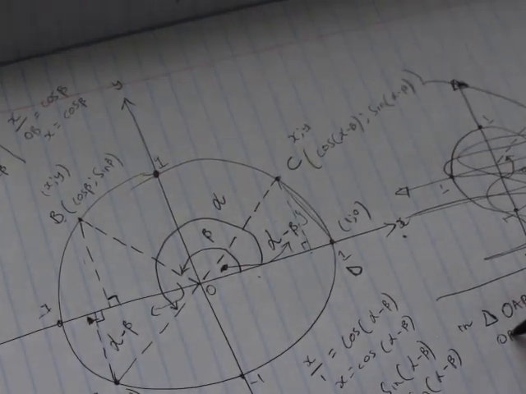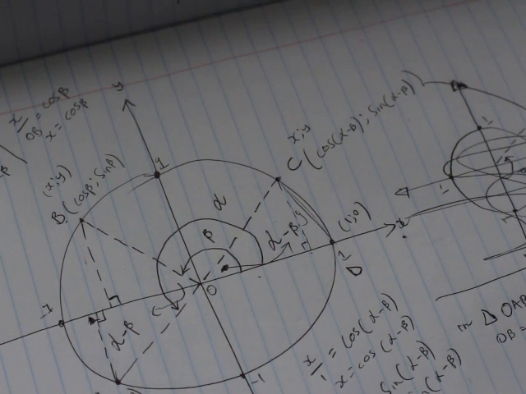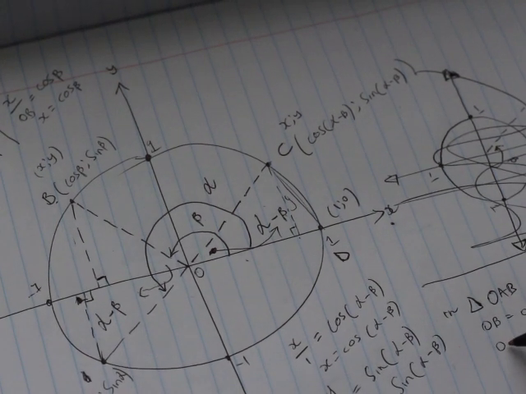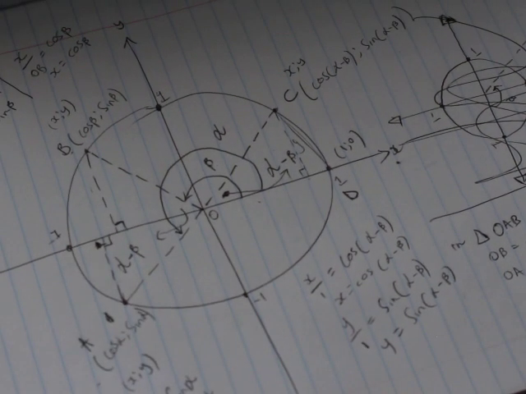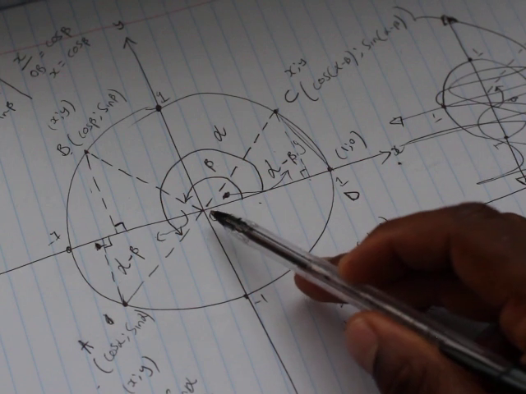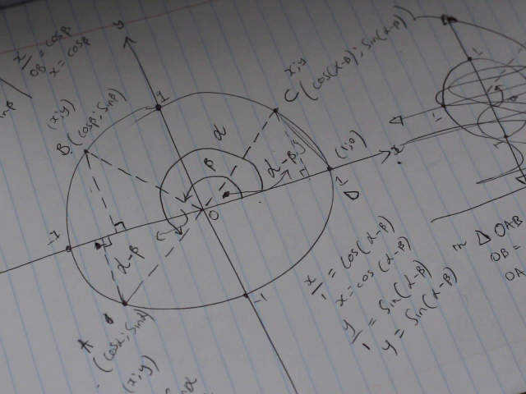So OB is equal to OC. That's radii. Also, OA is equal to what? Check OA. OA is equal to OD, because remember, from O to D, that's a distance from the center of the circle to the circumference of the circle. So that's a radius. So OA is equal to OD, and it's still radii.